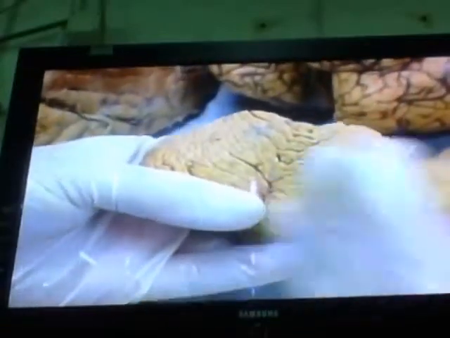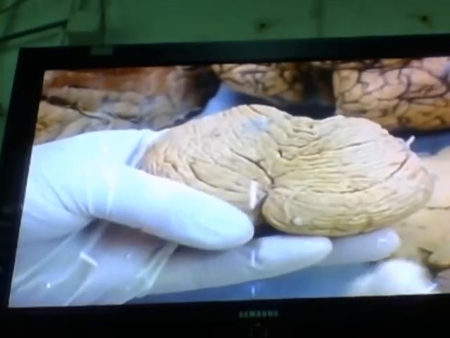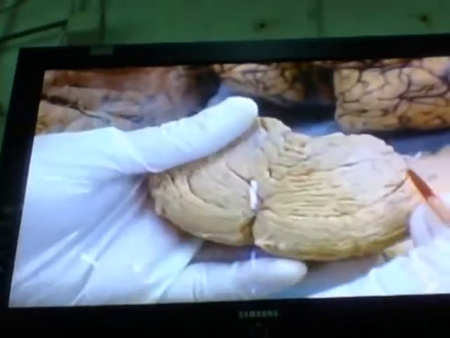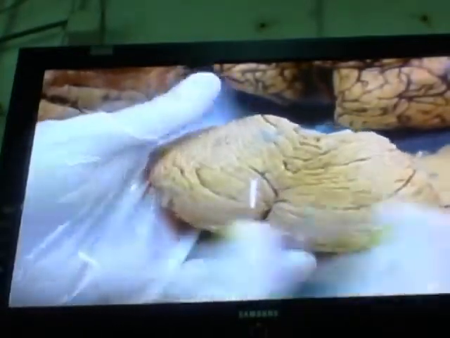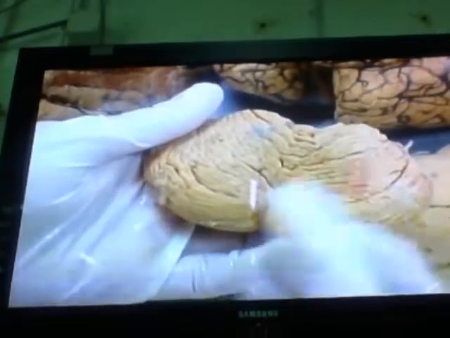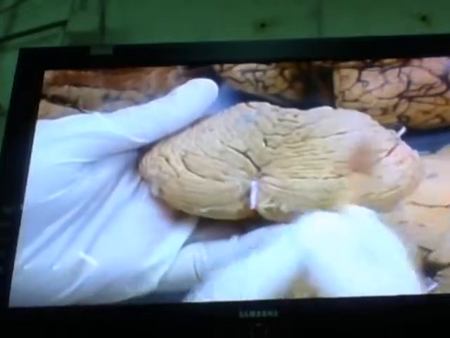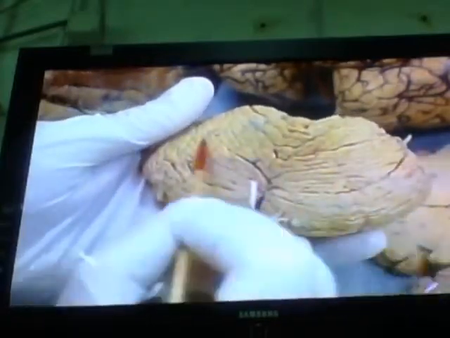So cerebellum is divided into an anterior lobe and a posterior lobe, and you have an anterior fissure and a horizontal fissure. Okay? The cerebellum, as you know, has a vermis, okay, and two cerebellar hemispheres. Okay, so one vermis and two cerebellar hemispheres.